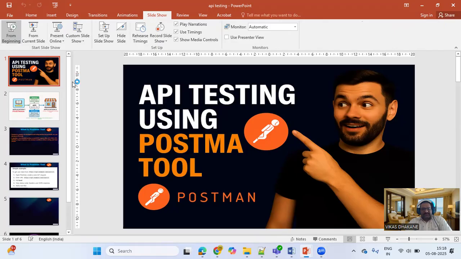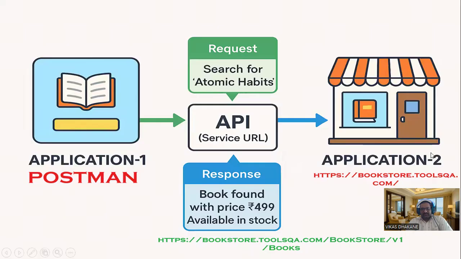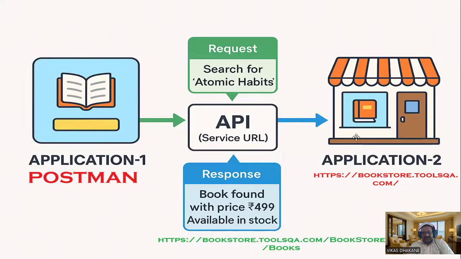As we already discussed in the previous video, what exactly is meant by API and what the concept of API is. Last time we saw that an API is nothing but an interface, a kind of software utility or bridge between two applications.